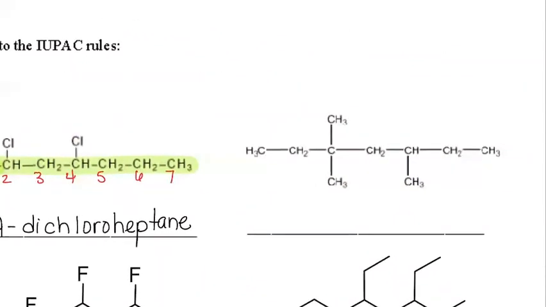Okay, I'm going to be here observing the work on the chat. Let's name the following condensed structure. What will be the name of this one? Let's start with the parent.